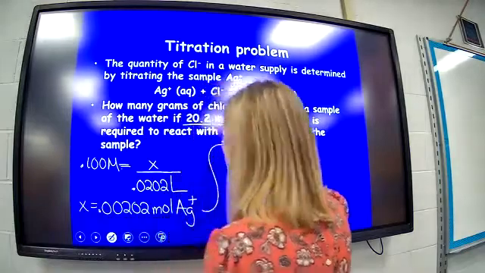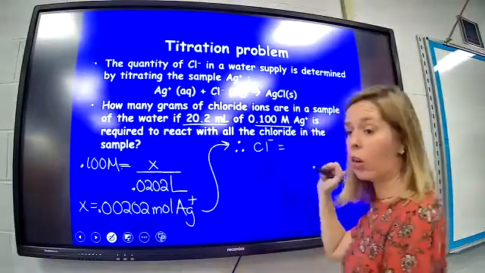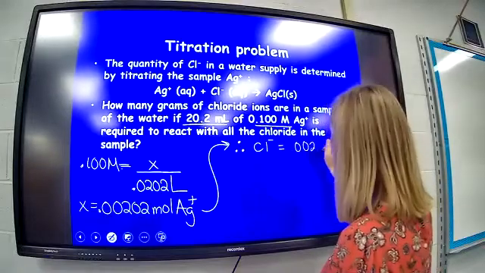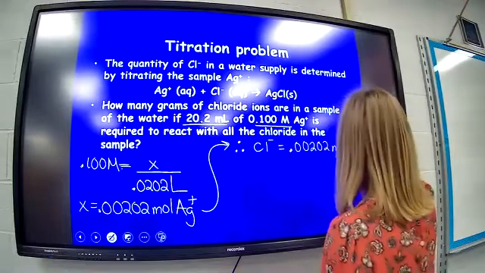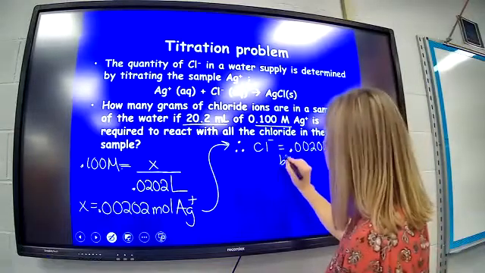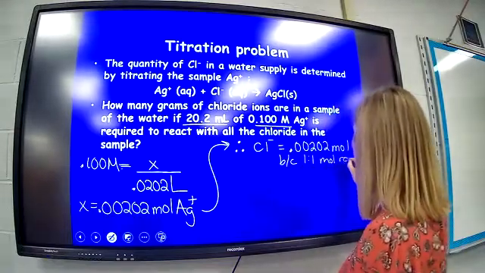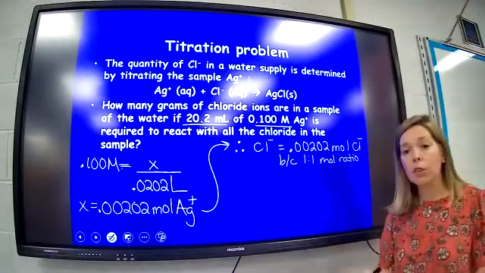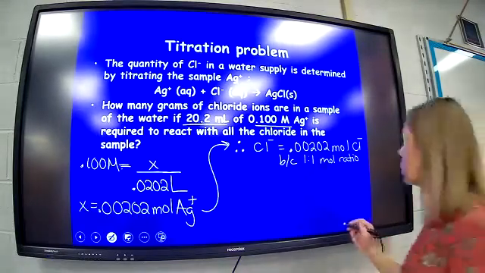Therefore, the chloride ion is equal to 0.00202 moles. Again, we don't want to just throw down numbers, so we would say because they're in a 1-to-1 mole ratio. Okay, if I have moles of chloride, I could certainly turn that into grams of chloride.